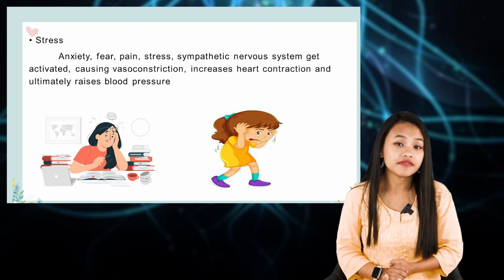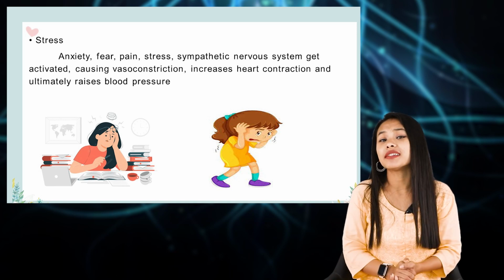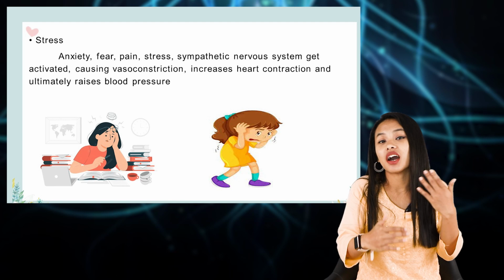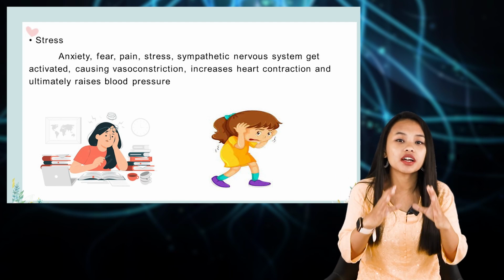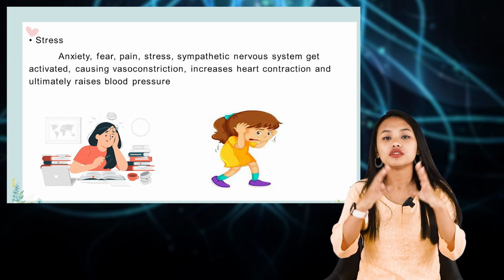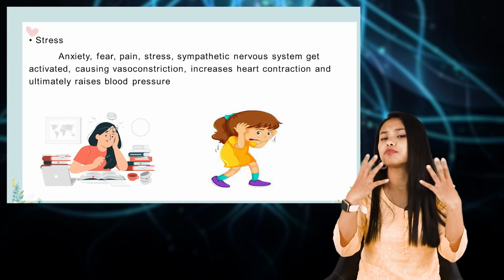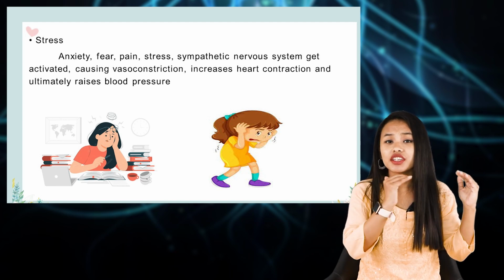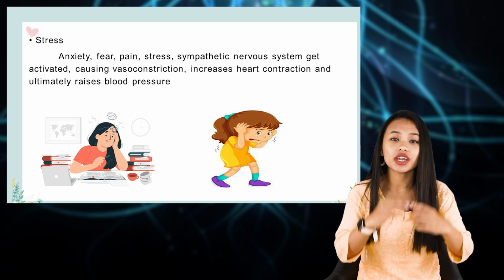And because of this vasoconstriction, it will lead to an increase in the heart contraction. And because of this increase in the heart contraction, this would ultimately lead to an increased blood pressure of an individual. So yes, certain emotions such as anxiety, fear, pain, stress can lead the sympathetic nervous system to get activated.